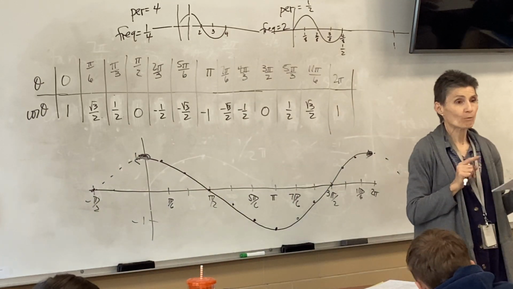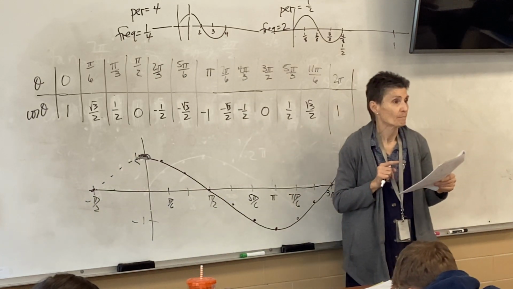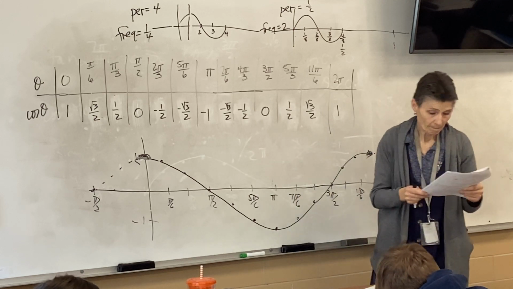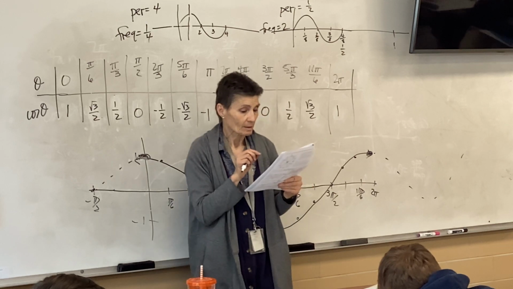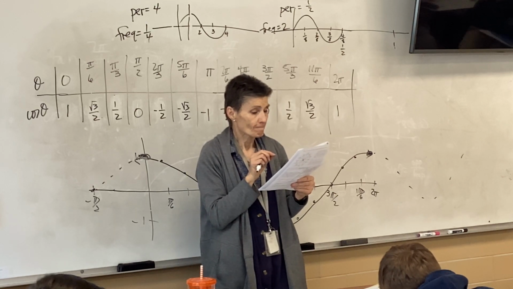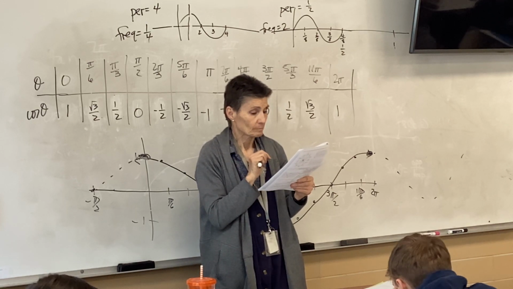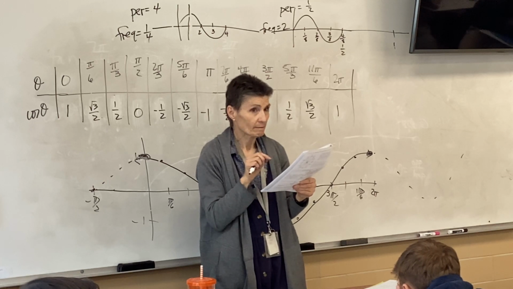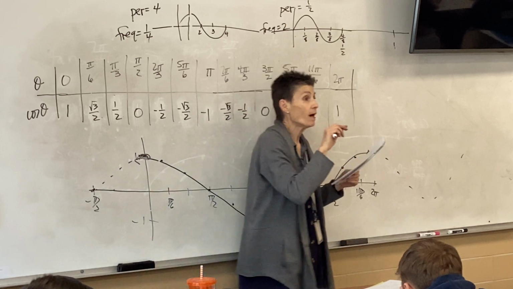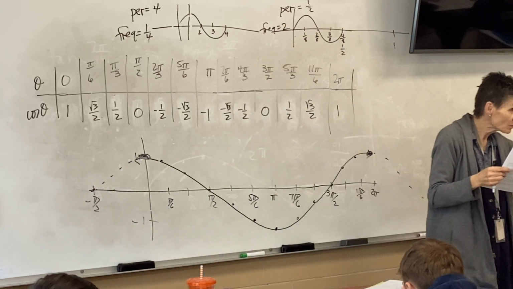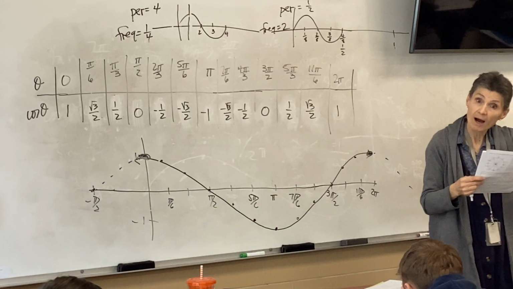Which means your frequency is 2 over pi. What is your midline this time? What is it? Y equals 1. The midline is halfway between the bottom and the top.